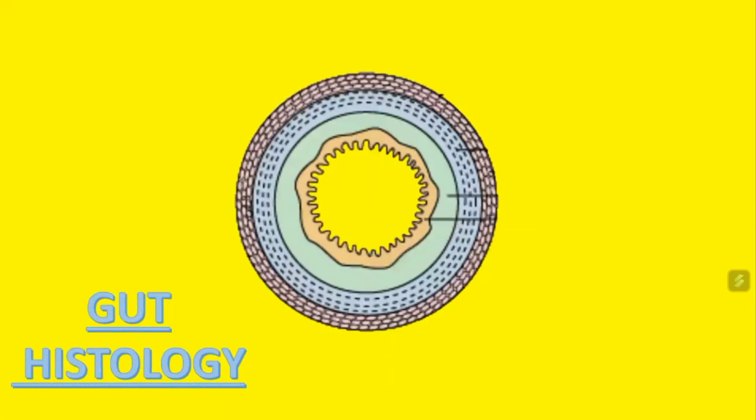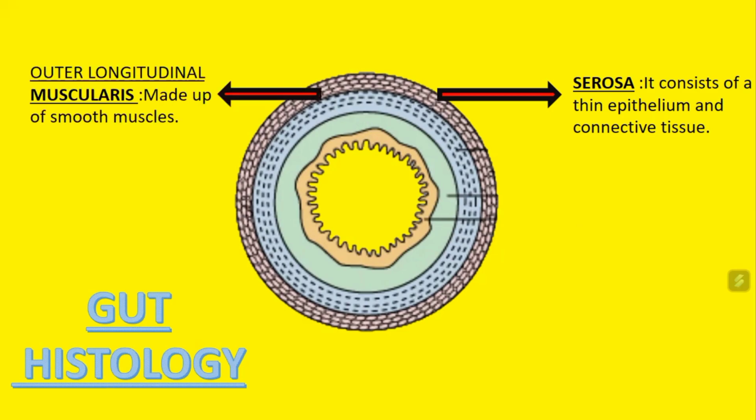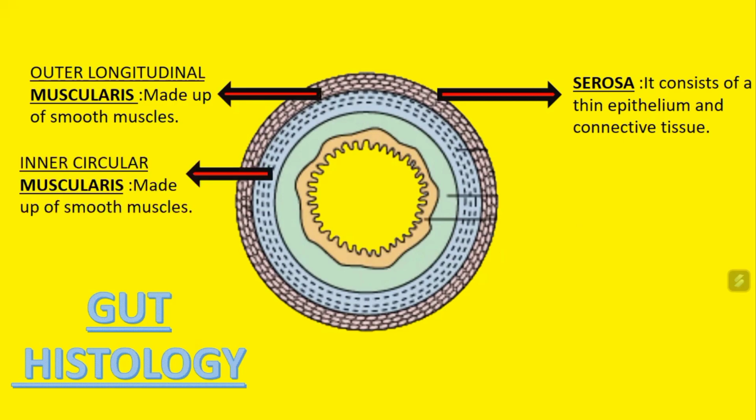Now, let's study the gut histology in a brief manner. The outermost layer of the gut is serosa, which consists of thin epithelium and connective tissue. Below the serosa, we have the outer longitudinal muscularis, which is made up of smooth muscles. Below it, we have the inner circular muscularis layer, also made up of smooth muscles.